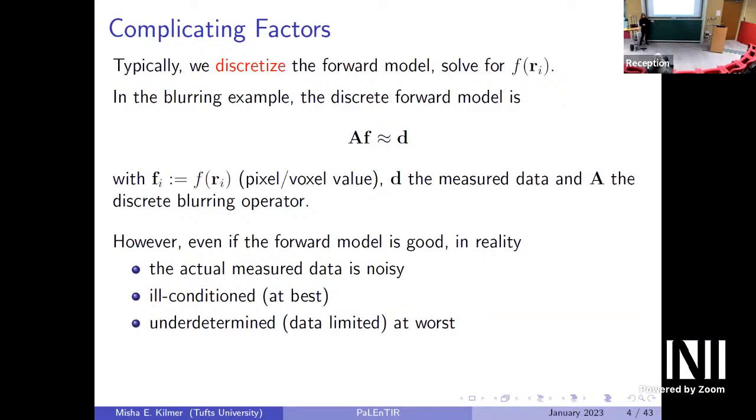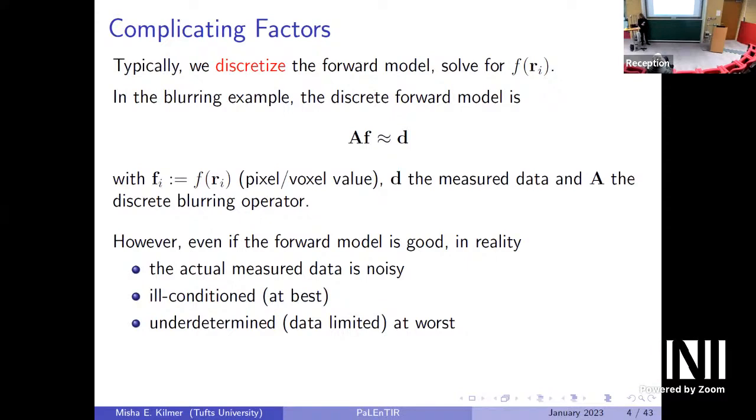So just to keep things simple, I'm going to assume just a straight finite difference approximation. Ideally, we just think of discretizing this forward problem, discretizing the thing that we're looking for, this f of r, and we're going to instead think of just finding values of f at some discrete points, r sub i.